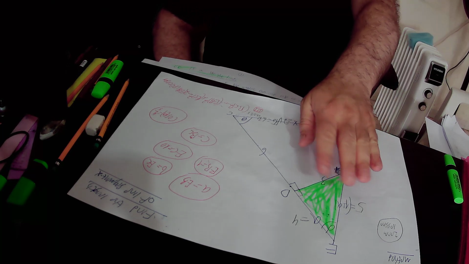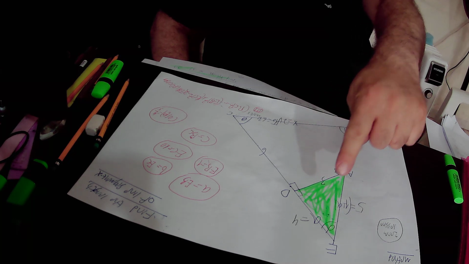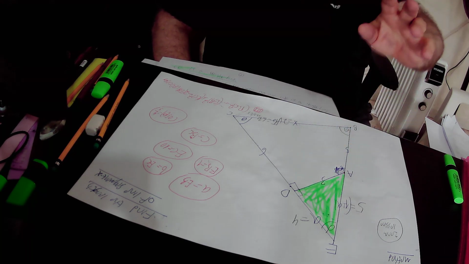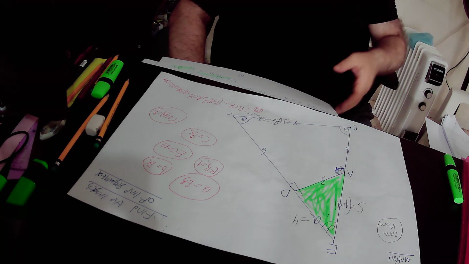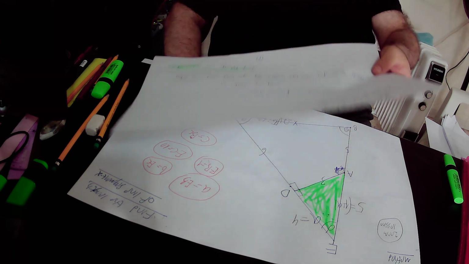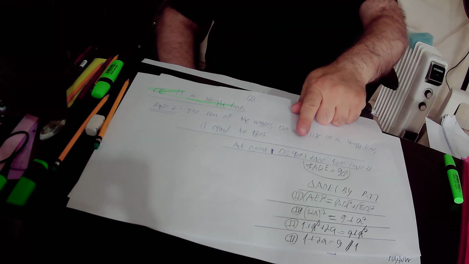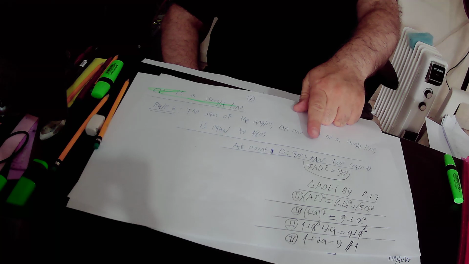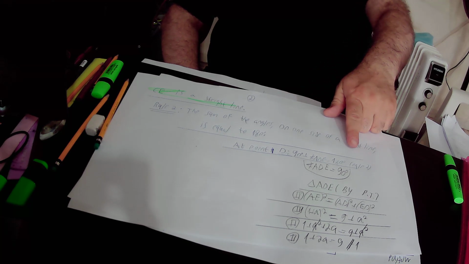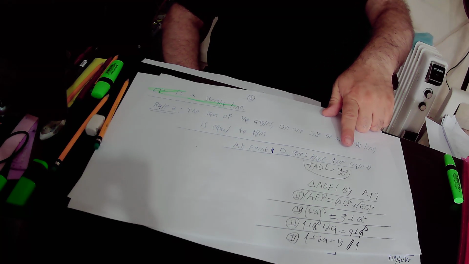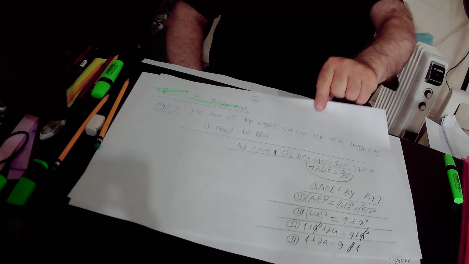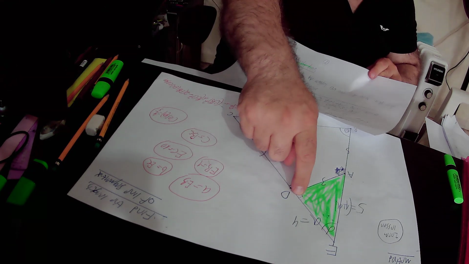We have 90 degrees and angle ADE. Their sum must be 180 degrees. We subtracted 90 degrees and found that the missing angle ADE equals 90 degrees.